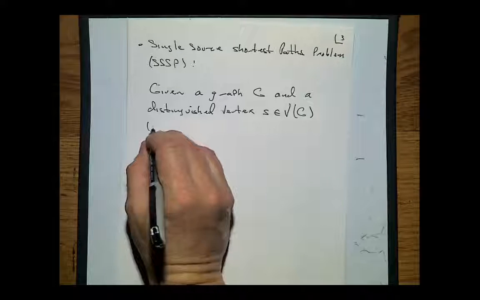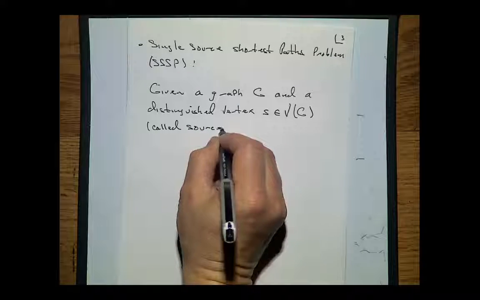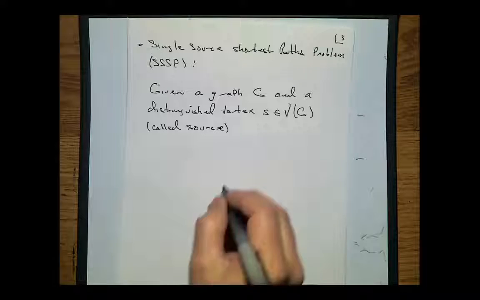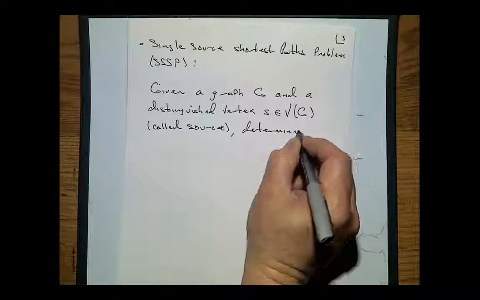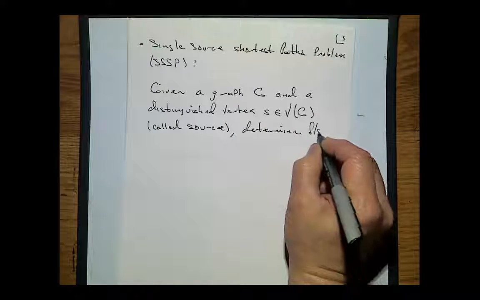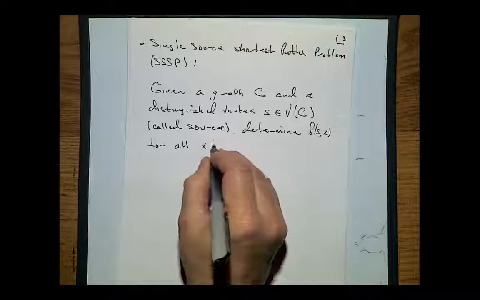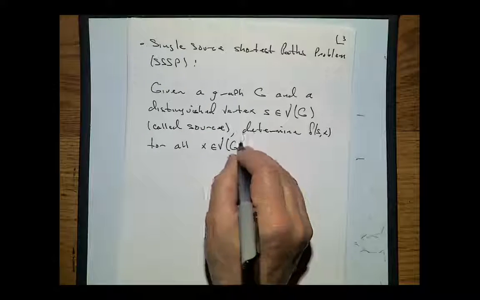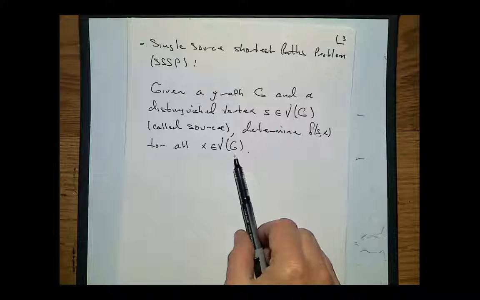Determine delta Sx for all x in the vertex set of G. So, fix a source, find the distance from that vertex to every other vertex in the graph, including itself. Notice I say for all x in V, including S.